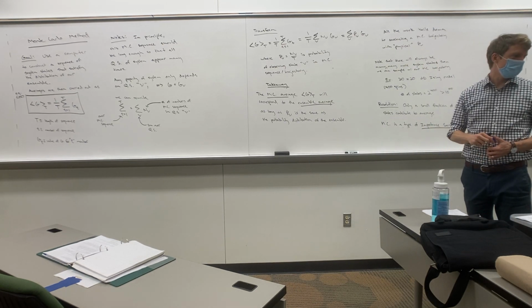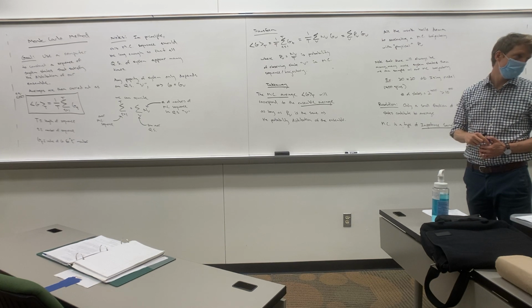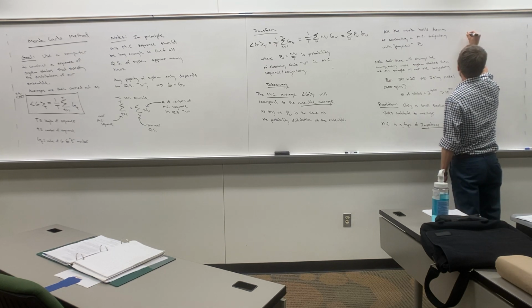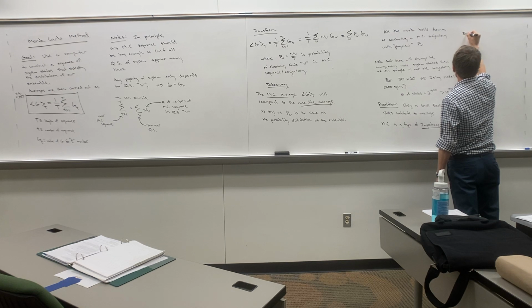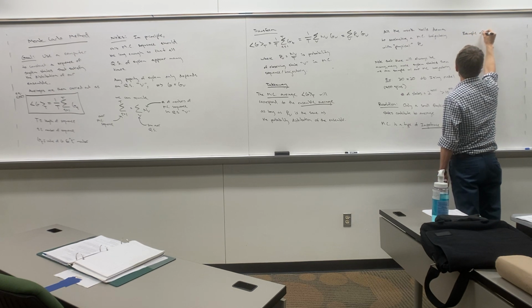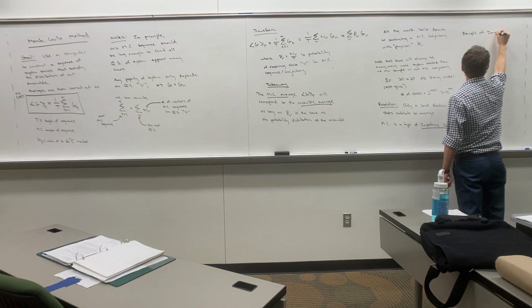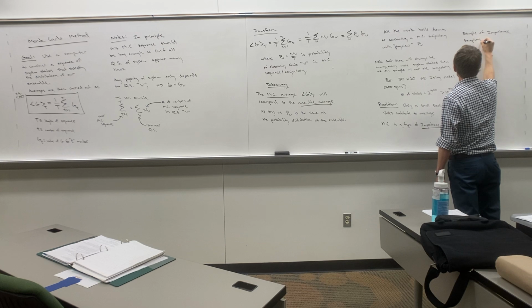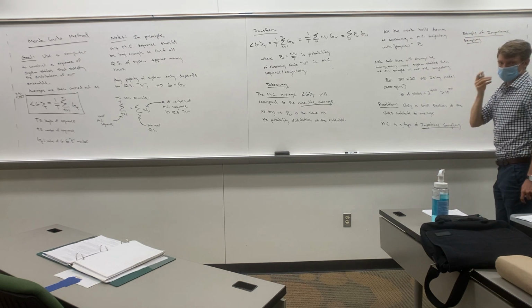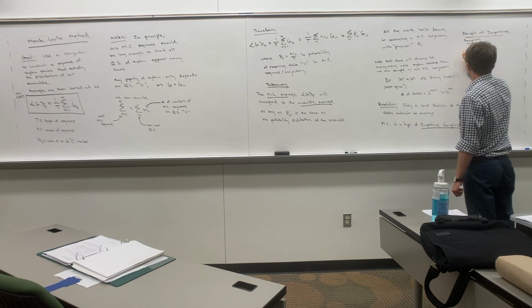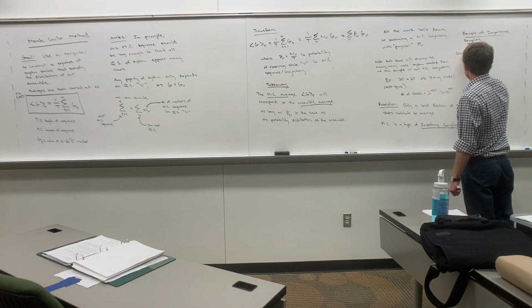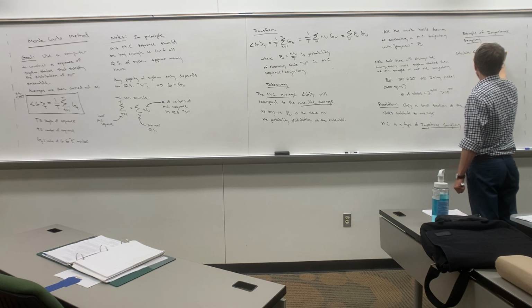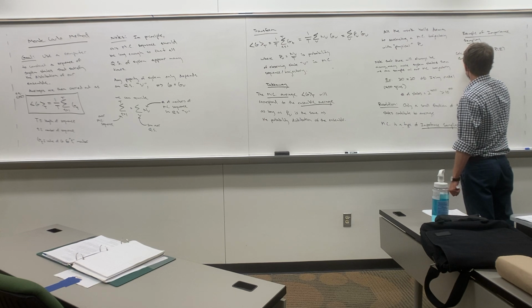One of our favorite distributions in this class is P of E. So, an example of importance sampling: suppose we want to calculate the average E from P of E for the 2D Ising model.